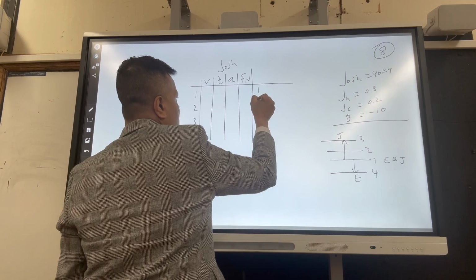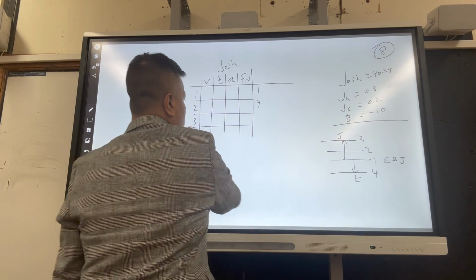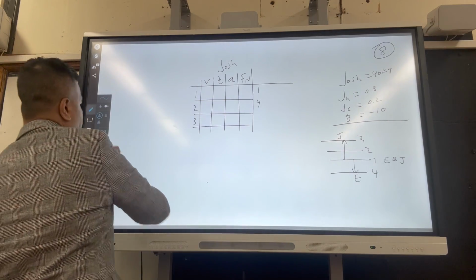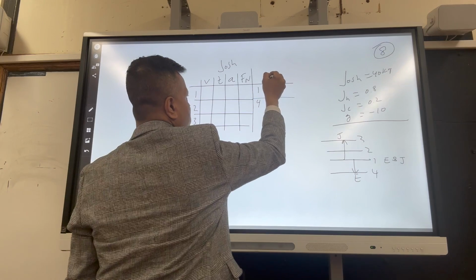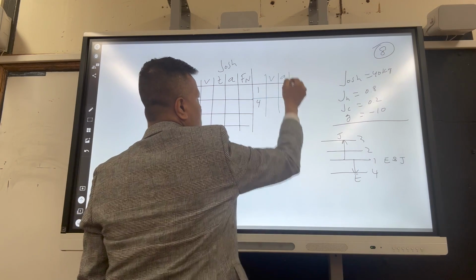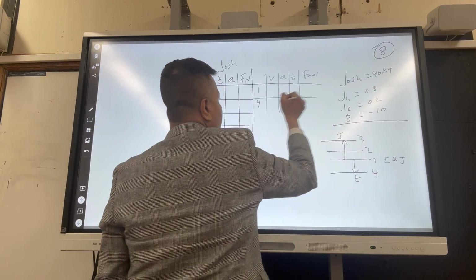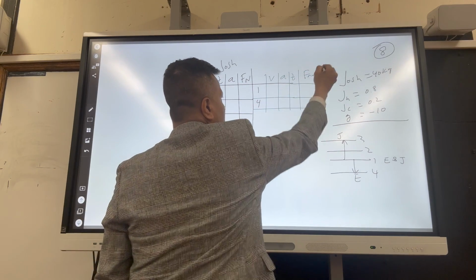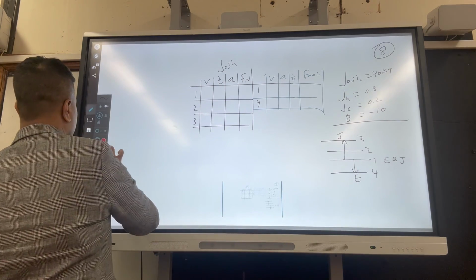Location 1 and location 4. So this is for Josh. So for earth, let's use blue, for velocity, acceleration, time, and net force. Okay, we don't need so many boxes. This is the space we need to complete this table.